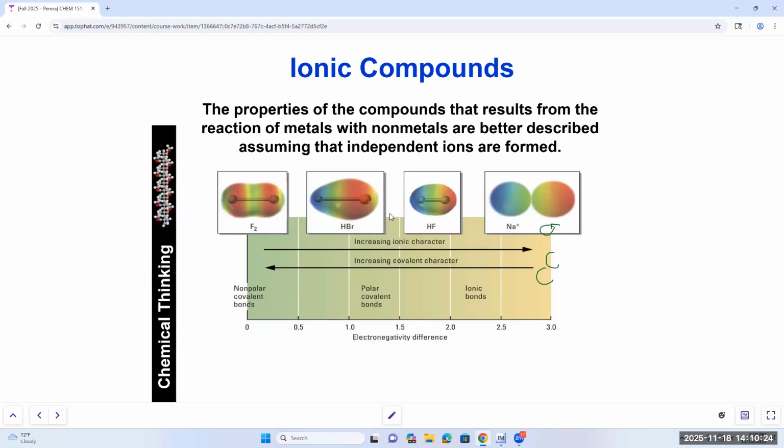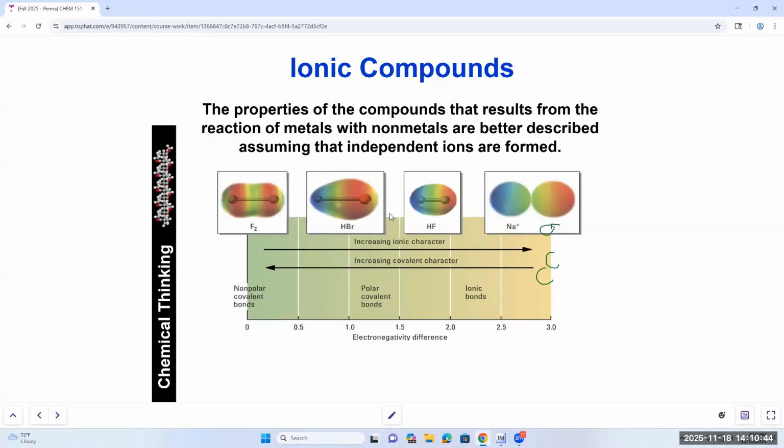Why? The electrons will spend more time around the more electronegative atom. The greater the electronegativity difference, the more pronounced this partial charge separation is. That's what happens when you go from HBr to HF. The electronegativity difference is going to be greater. Therefore, the partial charge separation is more pronounced.